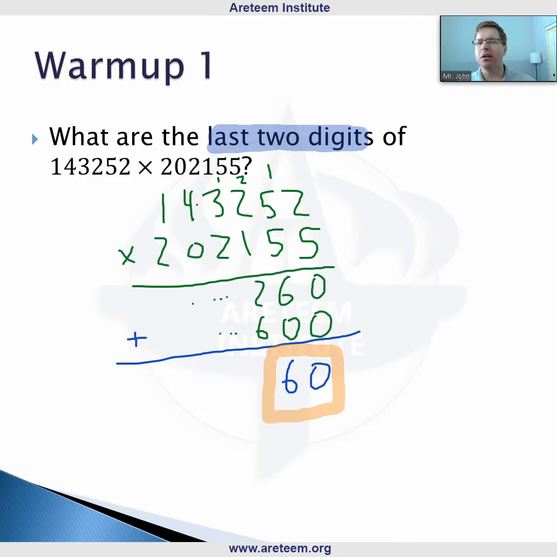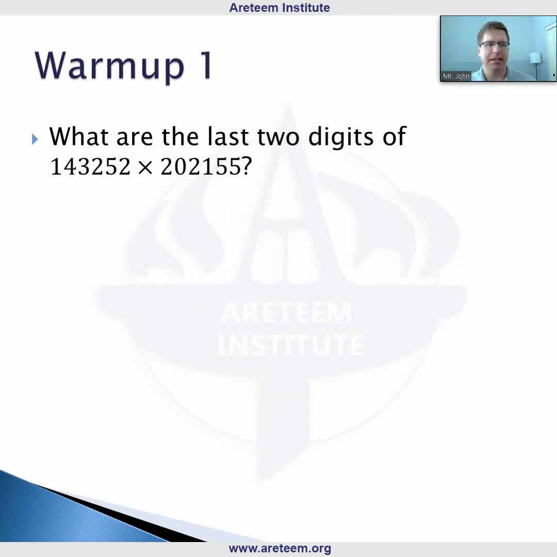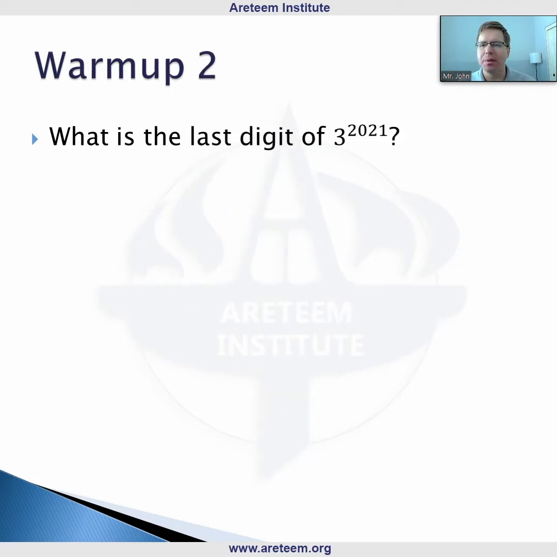Let's look at another example like this. These last digits are ones people are a little bit more comfortable with and make a little bit more intuitive sense. Let's look at the last digit of 3 to the 2021st power. Well, let's just start listing some powers of 3.